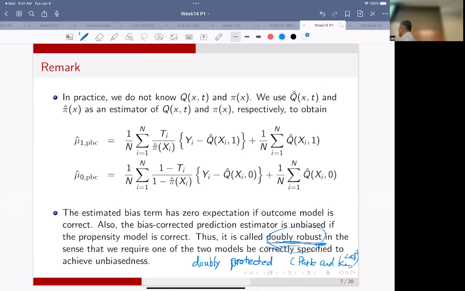But I'm not famous, so I think this term was not really accepted in the literature. But I think, right? We want the protection, right? So we have one model and then we protect using another model, something like that.